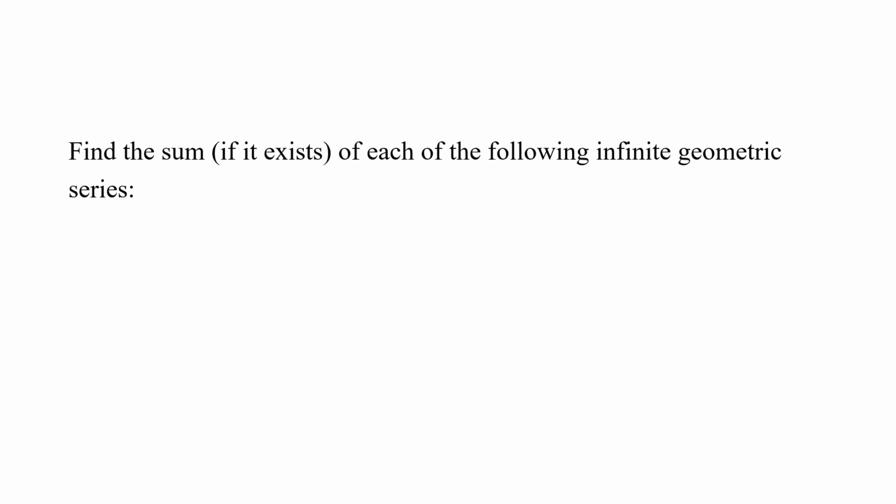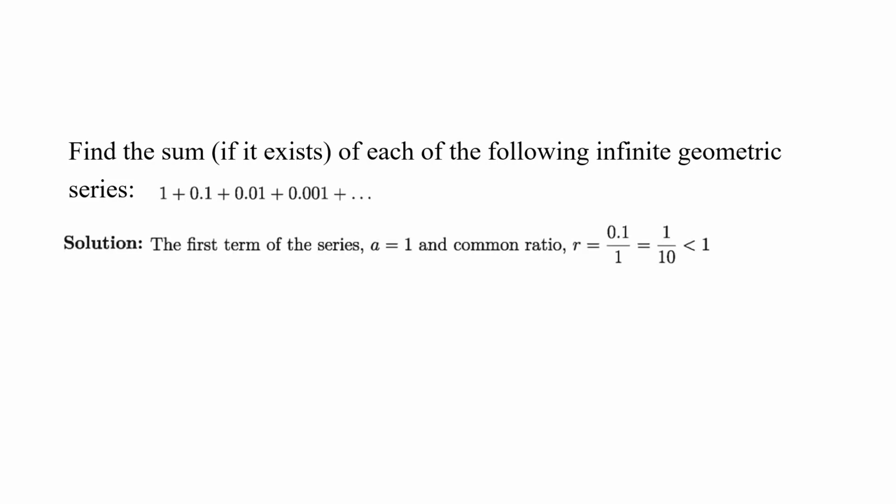Now, a question. Find the sum, if it exists, of each of the following infinite geometric series. The question is 1 plus 0.1 plus 0.01 plus ... infinite. Solution. The first term of the series a equal to 1 and common ratio r equal to 0.1 divided by 1, that is 1 by 10, which is less than 1. So our condition is fulfilled. So we can find the sum.